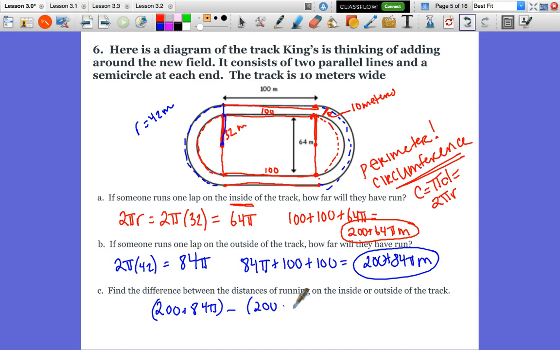Minus 200 plus 64 pi. 200 minus 200, those will go away. So I'm going to have 84 pi minus 64 pi. Oh, they're like terms. So 20 pi meters. If you really want to multiply by pi, go for it. But think about how I didn't even need a calculator for this, right?